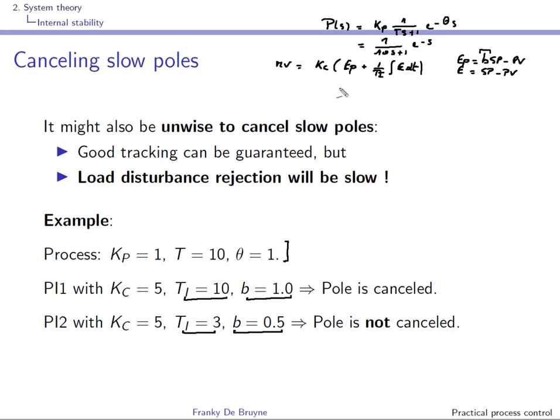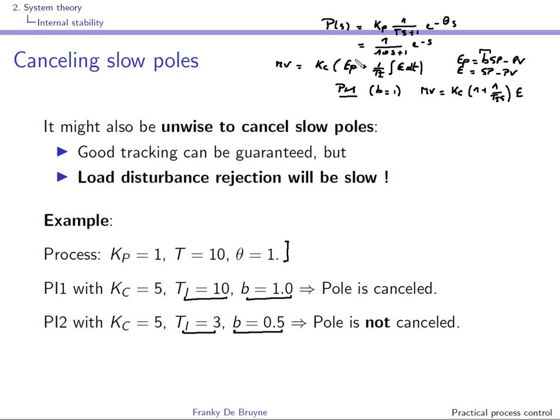If we now look at PI controller 1, and you go to the Laplace domain, you remember that B is equal to 1 for this controller. Well, MV can be written as Kc, the gain of the controller, times 1 plus 1 over Ti s, times the control error.